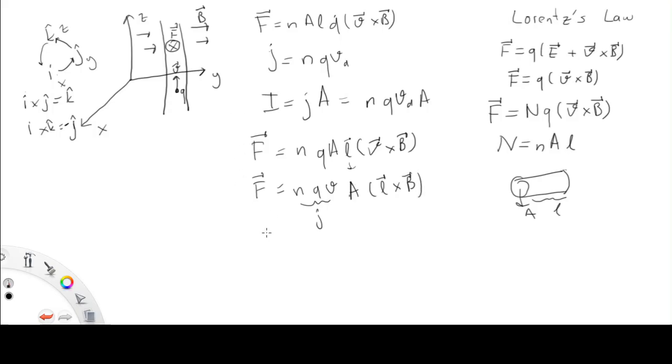So our equation finally becomes in terms of the current times the cross product of displacement vector and magnetic field.